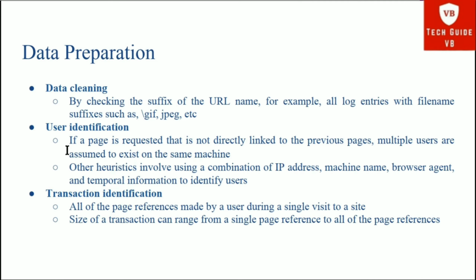And other heuristics involve using a combination of IP address, machine name, browser agent, and temporal information to identify users. Then the transaction identification includes all of the page references made by the user during a single visit to a site, and the size of a transaction can range from a single page reference to all of the page references. This is the data preparation or data pre-processing, the first phase.